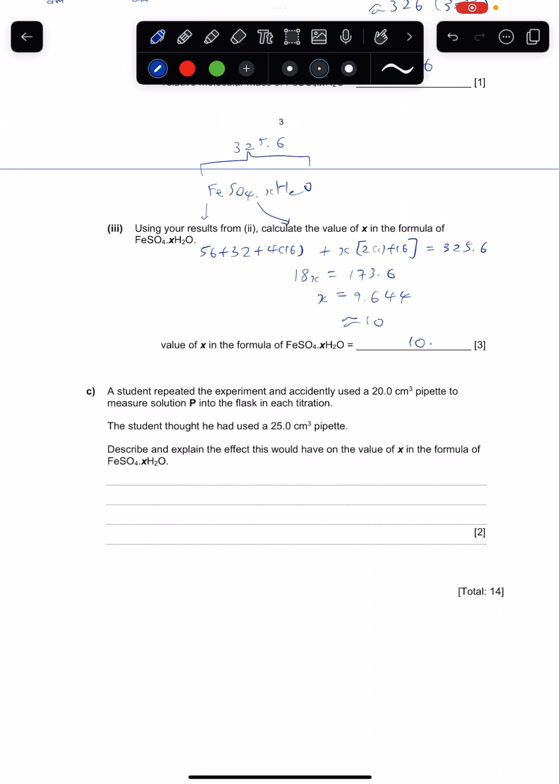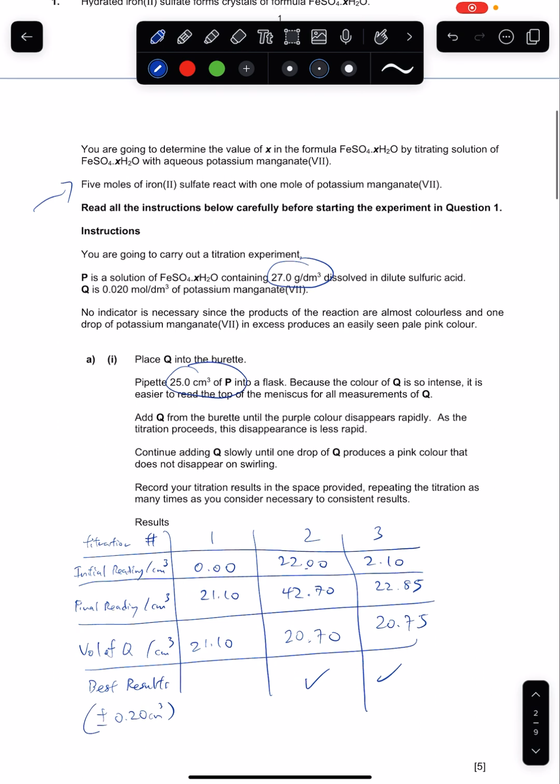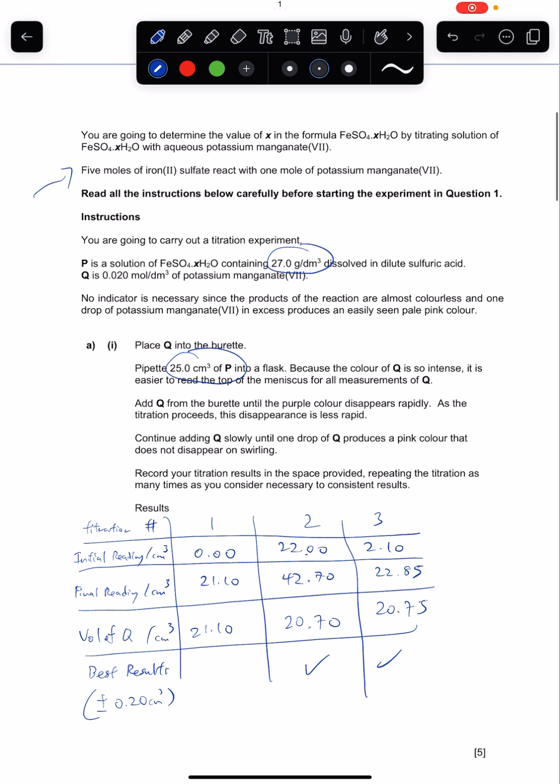Okay, next one. So you are using a 25 cm cube, but actually this student used a 20 cm cube. It means what's the immediate difference? That means the volume of pipette. What's pipette? Take a look. Pipette, is it the iron or the... Pipette is the P. P is the iron sulfate.